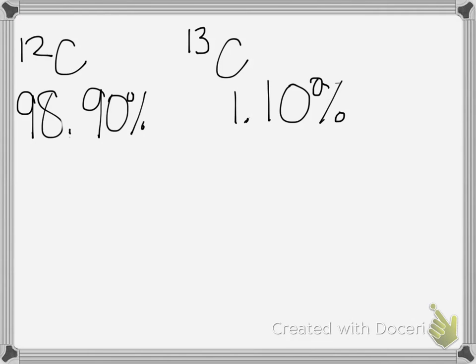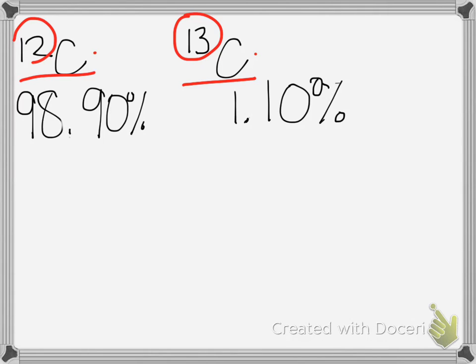So we have an isotope of carbon-12 and we have an isotope of carbon-13. That's what we have right here. Remember that this number right here represents your mass. This just tells you the element. And what this is saying is that 98.90% of all carbon is carbon-12. 1.10% of all carbon is carbon-13.